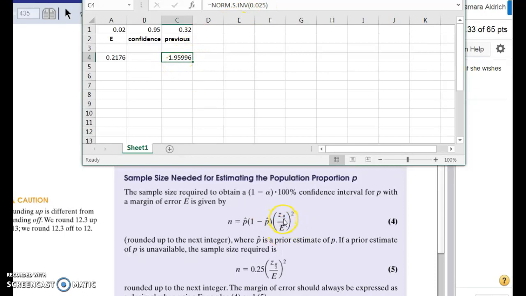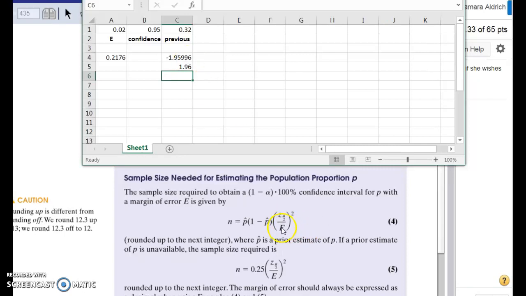And that's what we're looking for here on top, the Z alpha over 2. And Excel always gives the -1.96. I'm just going to do it to 2 decimals. And by symmetry, the positive one would be positive 1.96 instead of negative 1.96. But those are the critical values. Beyond those Z values, there's only 5% total in the tails, 2.5% on each side.